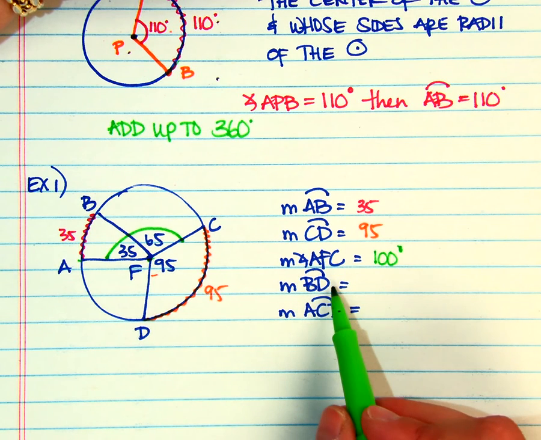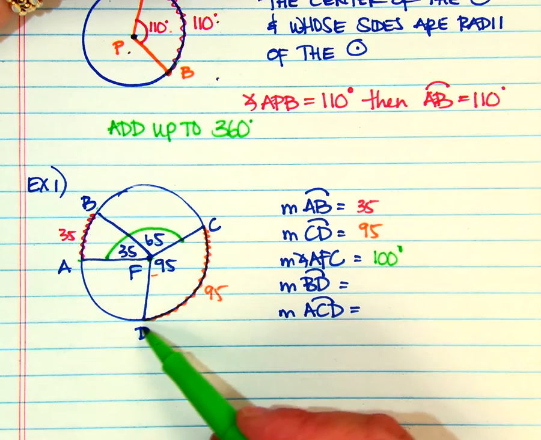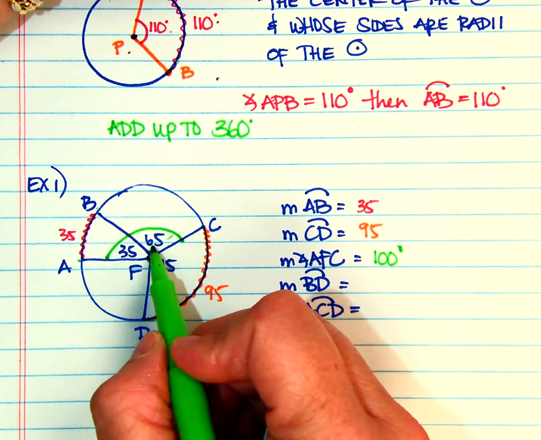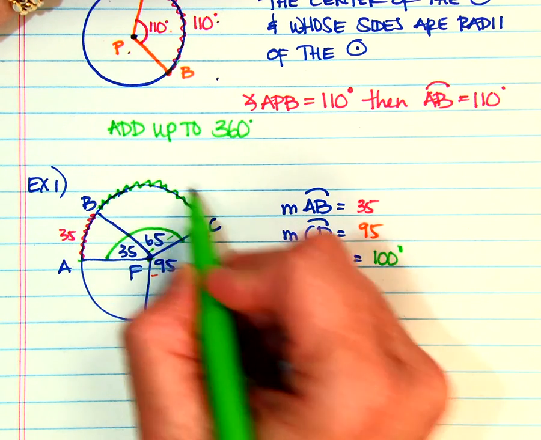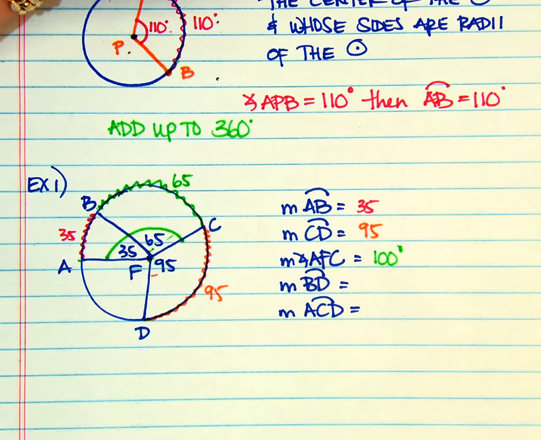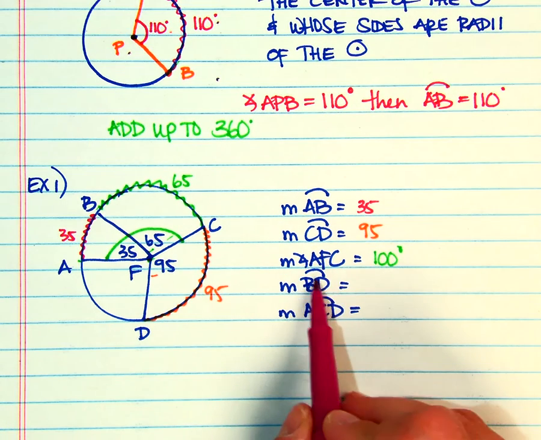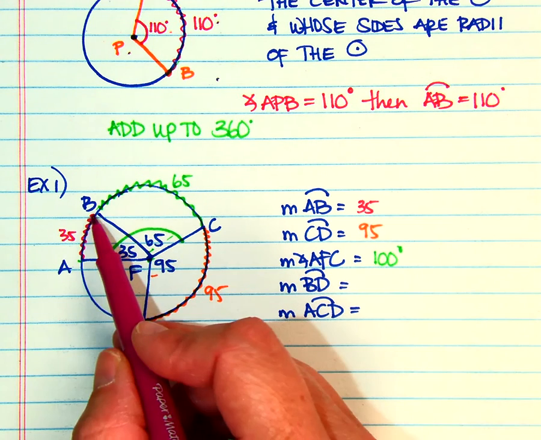Arc BD. Now BD goes all the way around. So I'm going to have to find this little piece. So if this is 65, then I know this little piece is also 65. So arc BD, actually I need to pay attention. Arc BD, because it only has 2 letters, is going to be a minor arc. So I need to be looking at this way.